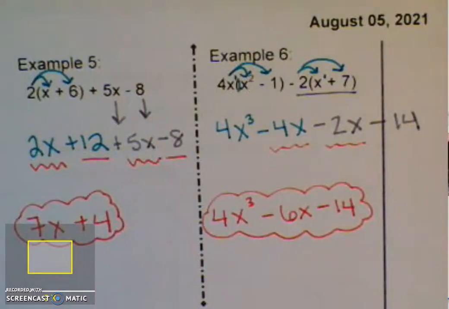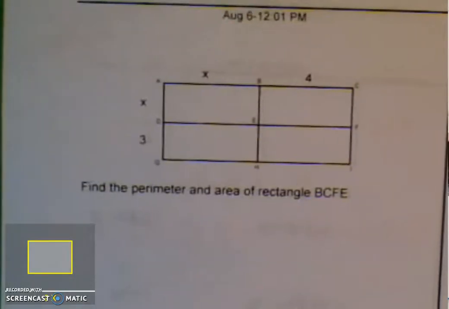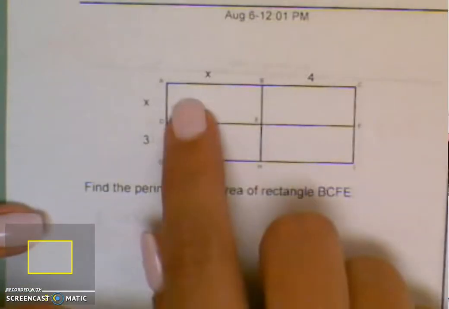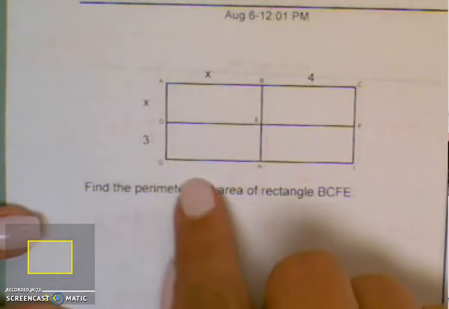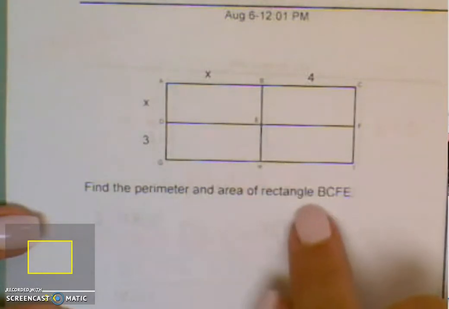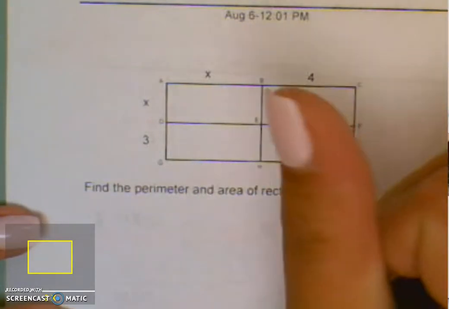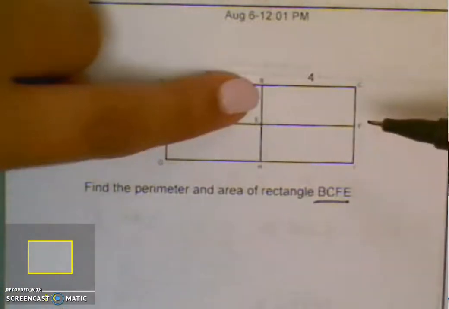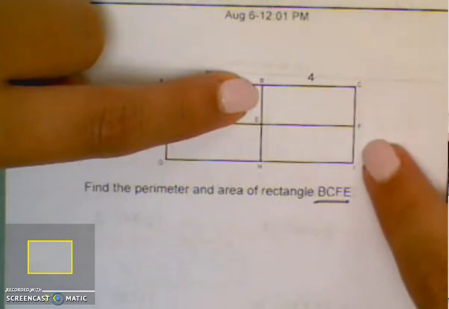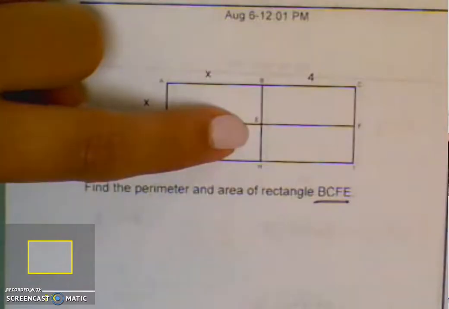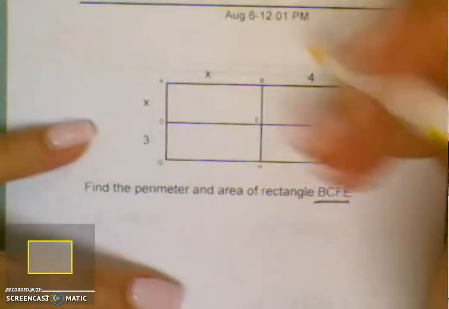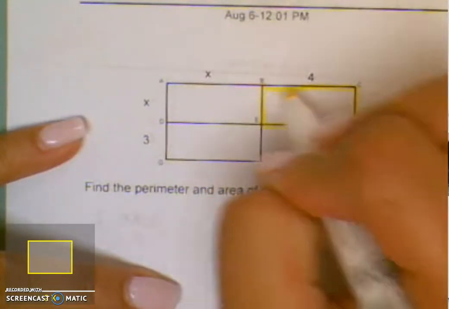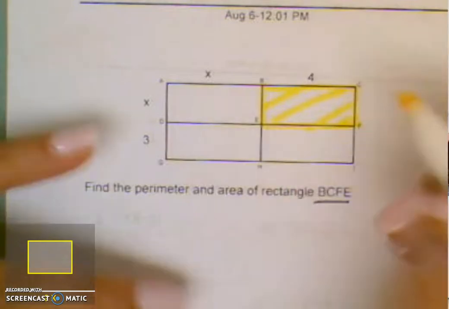Okay, next we have a perimeter problem. It's x, 4, x, and 3. So it says find the perimeter and area of the rectangle BCFE. So B is right here, C, F, and E. So we are looking at this rectangle right here.